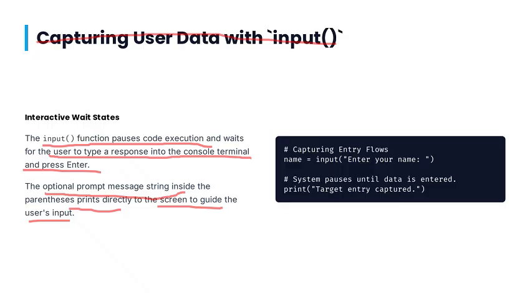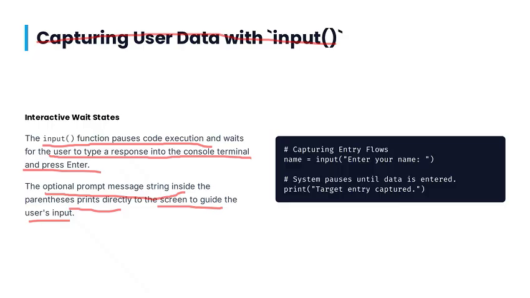When input is being used, the system stops processing the code and waits for the user to enter any value or given parameters and click enter, which acts as an input for the program. And after the input is entered, the program again starts processing.